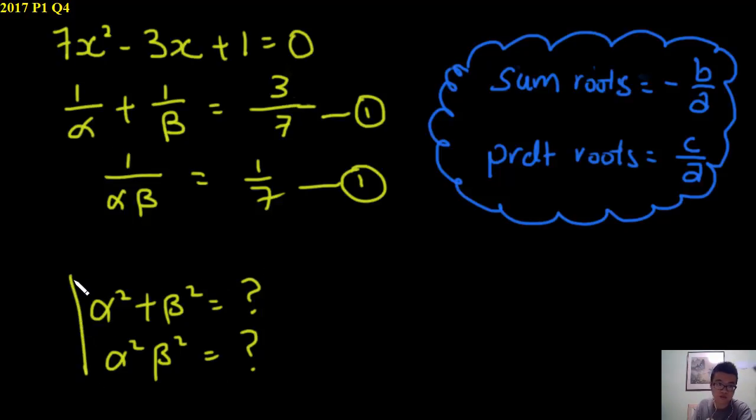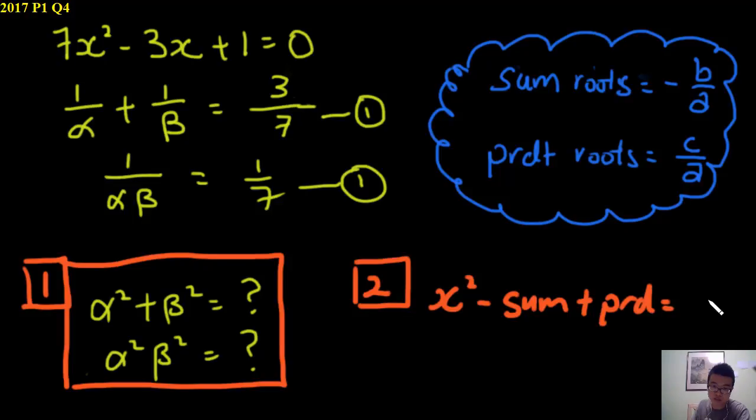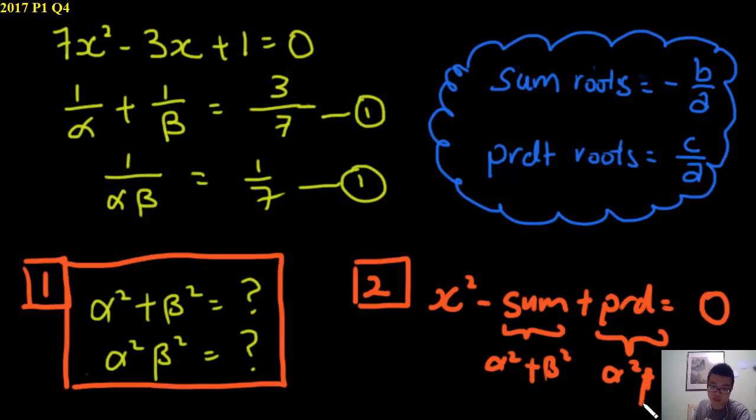Then the second step itself is to use the big equation where x squared minus sum of roots plus product of roots is equal to 0. So in this case, the sum of roots is alpha square plus beta square, and the product is alpha square beta square. So then from here you get your final answer itself. So now we do the details.